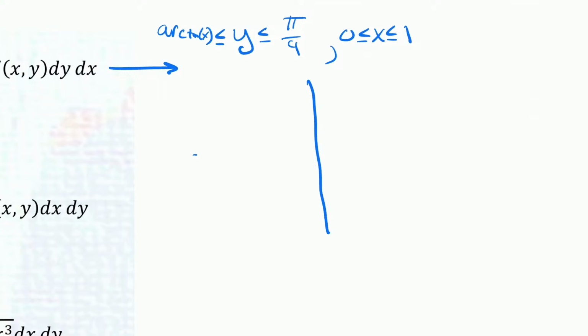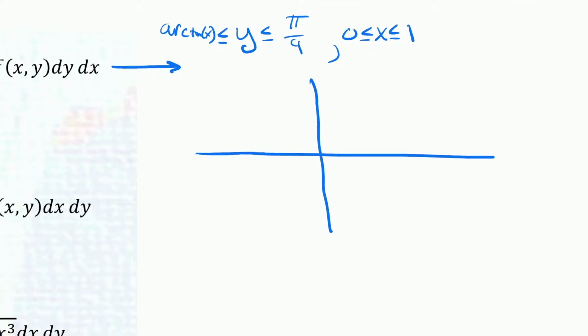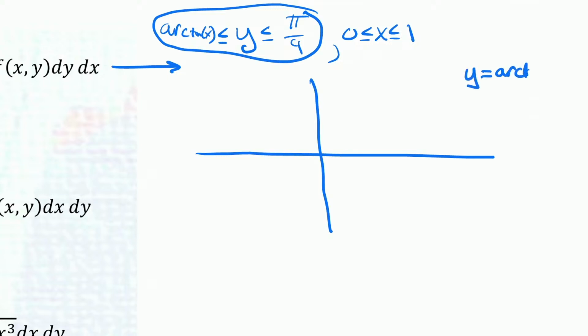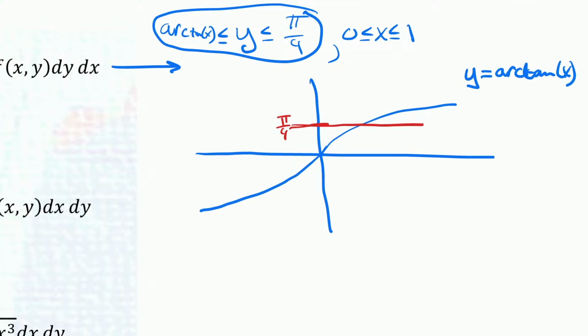So on a graph, I will sketch these 2 functions. So y equals arctan of x, which I know we all know what it looks like. It looks like this. So that's y equals arctan of x. And then y equals pi over 4 looks like this. That's a horizontal line.